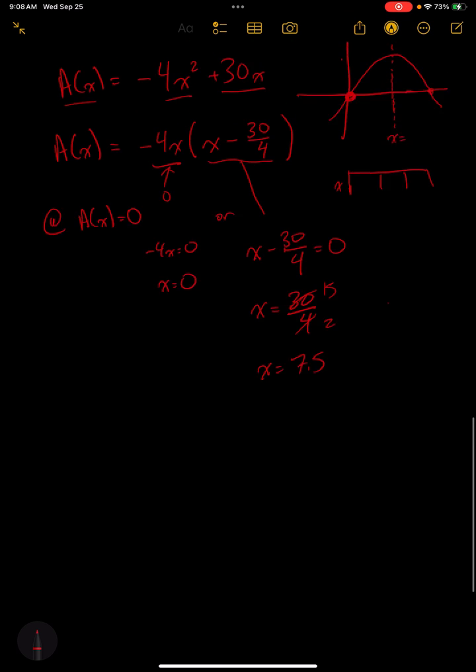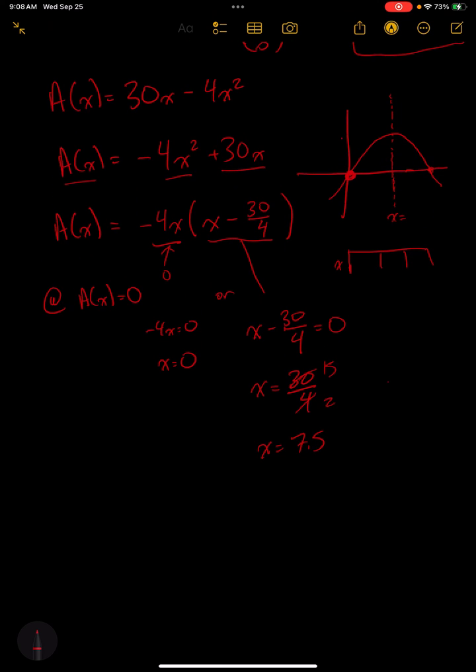So if x is between 0 and 7.5, the midpoint is going to be 0 plus 7.5 over 2, which is equal to 3.75.